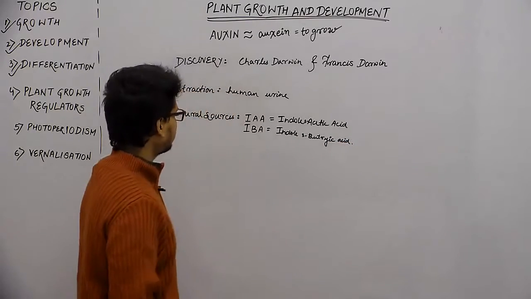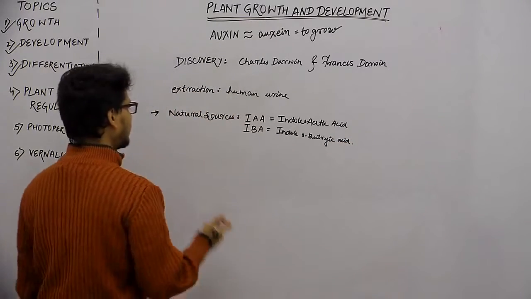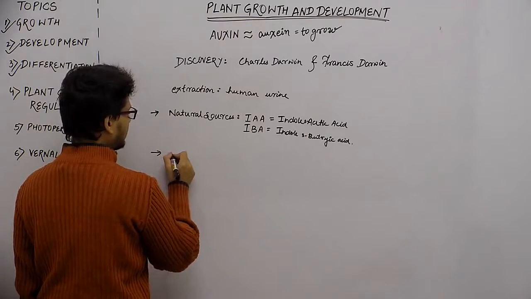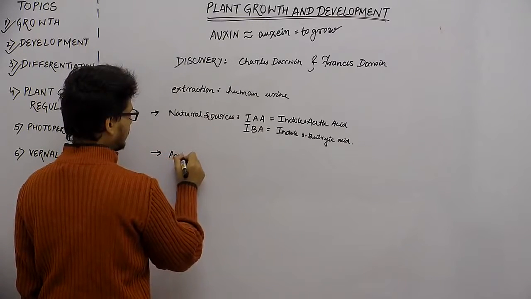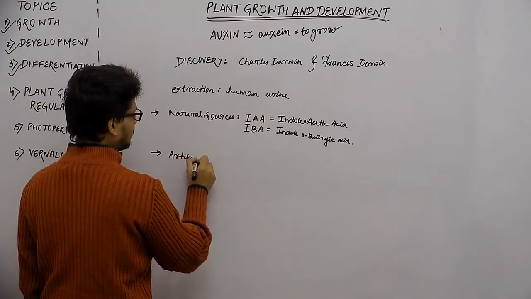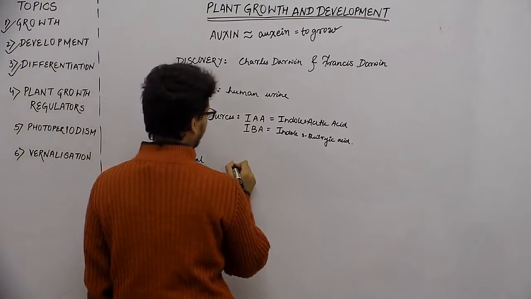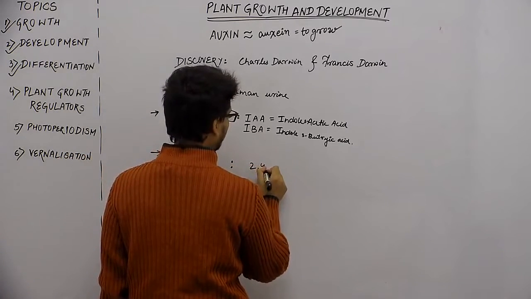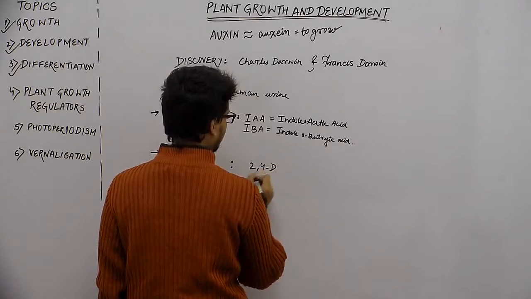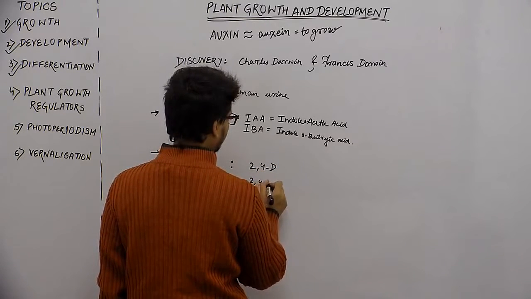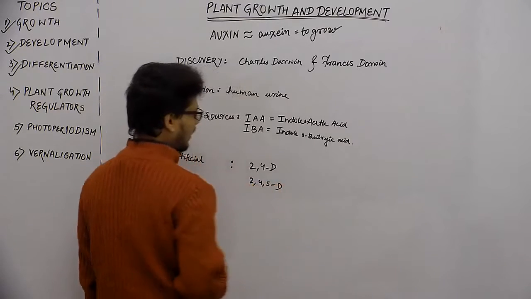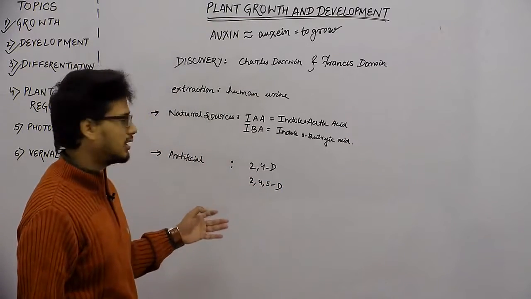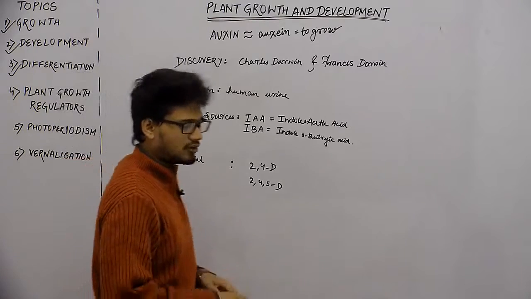Artificial sources also exist, and the artificial ones are 2,4-D and 2,4,5-D. These are the artificial sources of auxin.